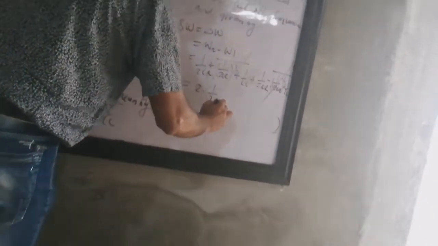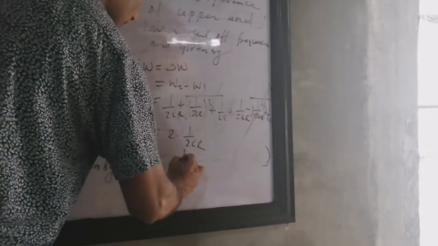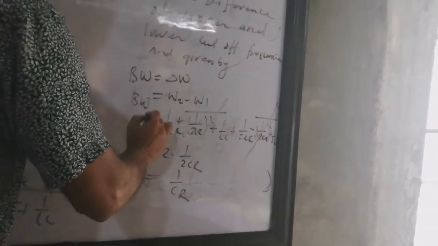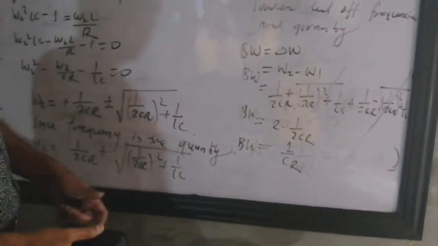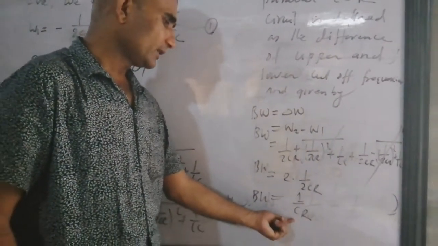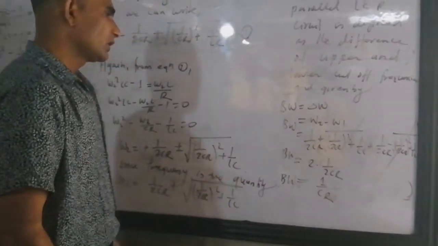So this term and this term of course cancel, and what we get is 1 by 2 times 1 by 2CR, and the 2s cancel, so we get 1 by CR. So friends, we got the value of bandwidth: 1 upon CR, in terms of the circuit parameters, capacitor and resistor.